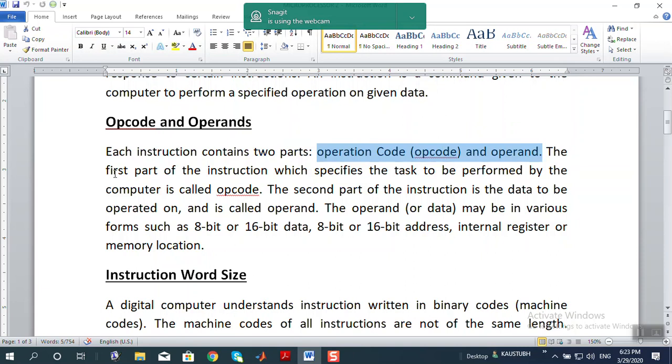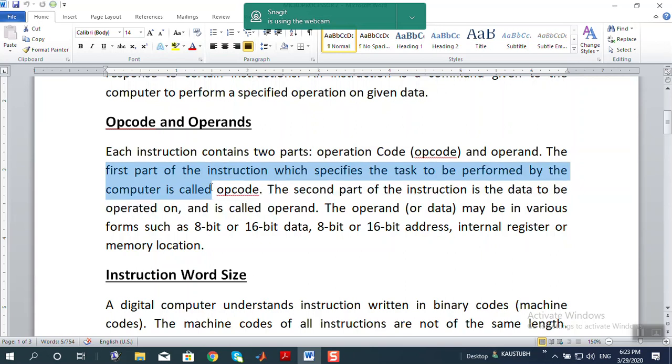The first part of the instruction, the opcode, specifies a particular task to be performed by the computer or the CPU. And the second part, the operand, is nothing but the data to be operated on.